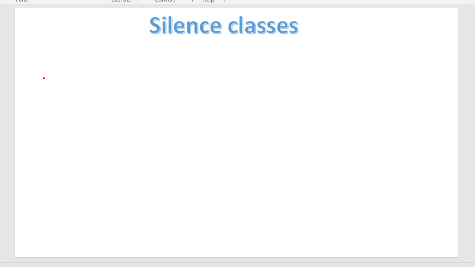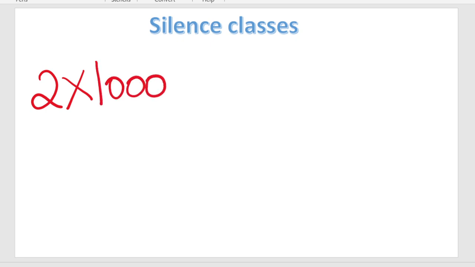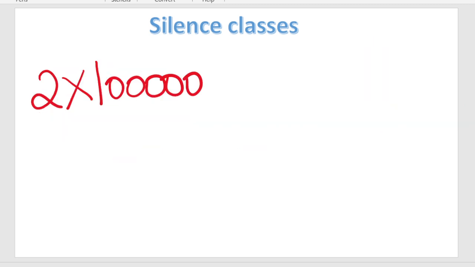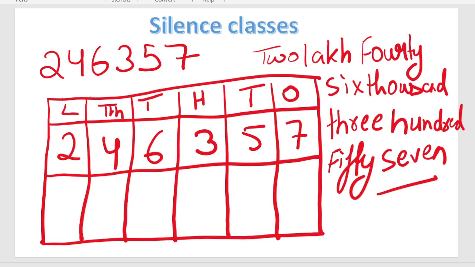Means we will write 2 and multiply it by 1,00,000. After that, how many digits are there? 1 2 3 4 5, means write 1 and 0000 plus the next digit is 4, and after that how many digits are there? 1 2 3 4.